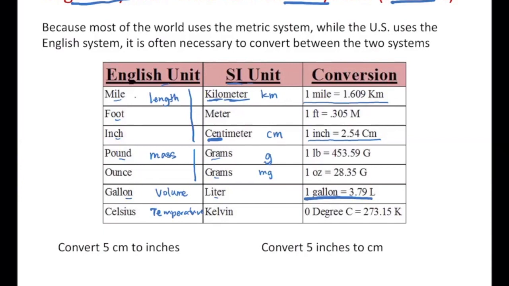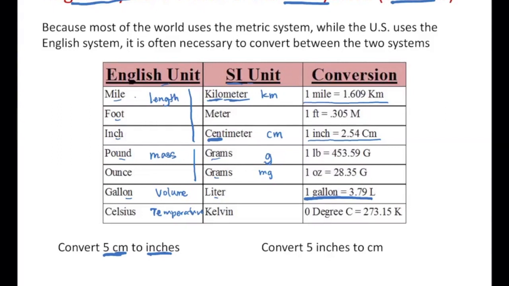So the conversion down here: convert 5 centimeters to inches. When you are given a problem, what you want to do is find a conversion factor that has both of those units. You have centimeters and inches in here. So I would look at a table like this. This would be in Appendix 1 in the back of your ebook or textbook.